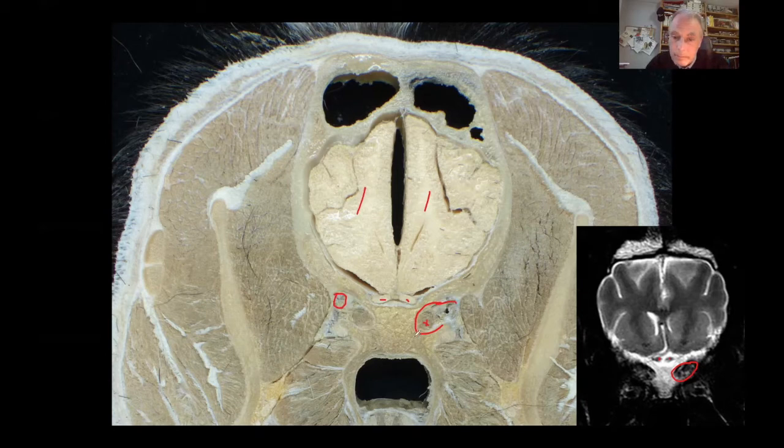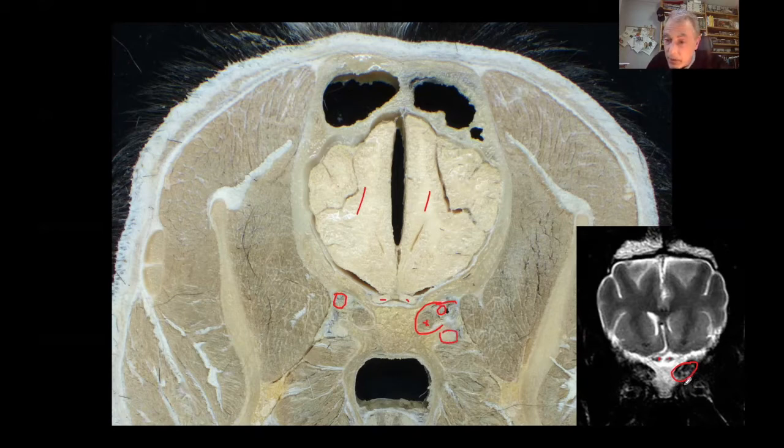Okay? And also, we have nerves here. We have nerves. Which ones? We have the ophthalmic nerve, the oculomotor nerve, the trochlear nerve, the abducens nerve. And underneath, we have here the maxillary artery.